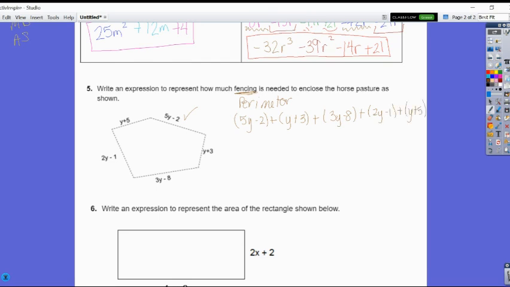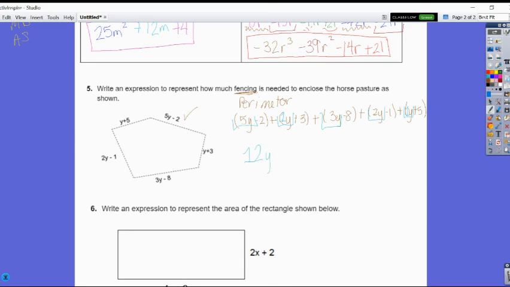So with all of that addition now, we're going to look for like terms. So 5y is like terms with y, that's an invisible 1, is like terms with 3y, is like terms with 2y, and is like terms with y. It also has an invisible 1. So we're going to do 5 plus 1 makes 6, plus 3 makes 9, plus 2 makes 11, plus 1 puts us at 12, still with the y.